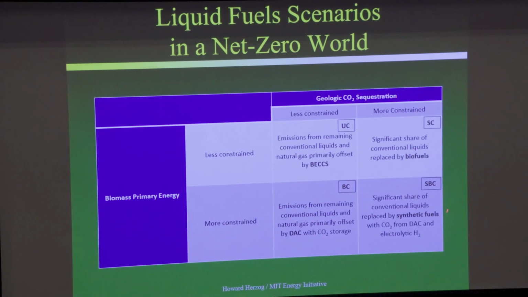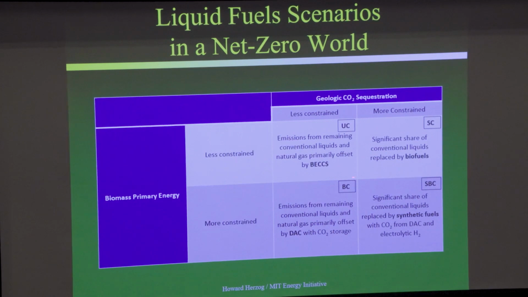When you look at the models, they don't put them in these categories, but when we dissected a lot of these models, we showed that people will fit into one of these 4 categories on the decarbonization of what I'll call the residual fuels that we can't really mitigate directly, that we don't have a good substitute for. And we actually developed a little simple model that also showed this.